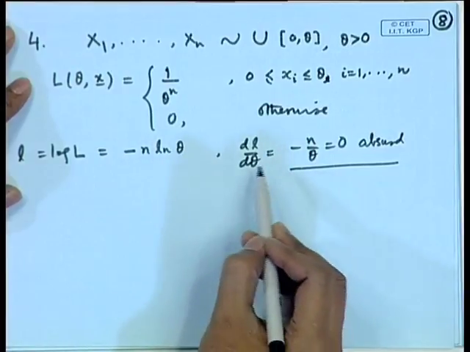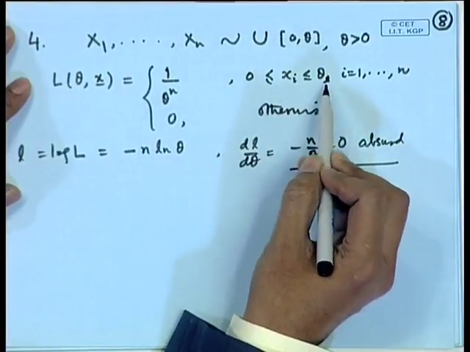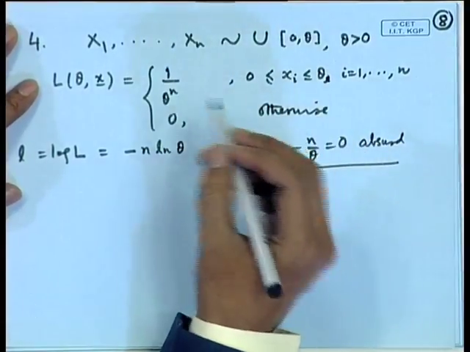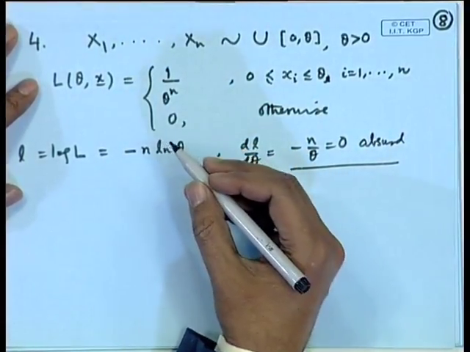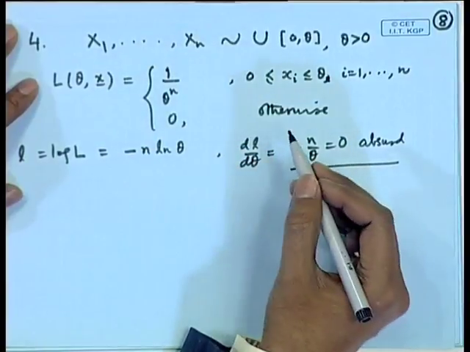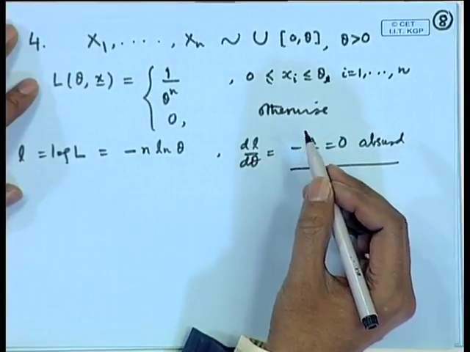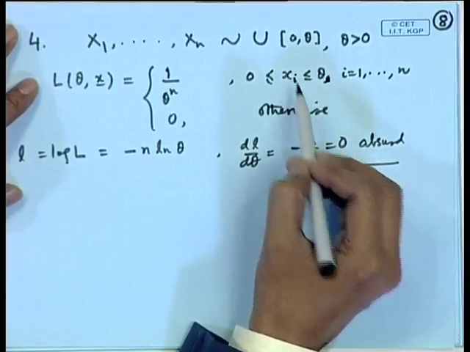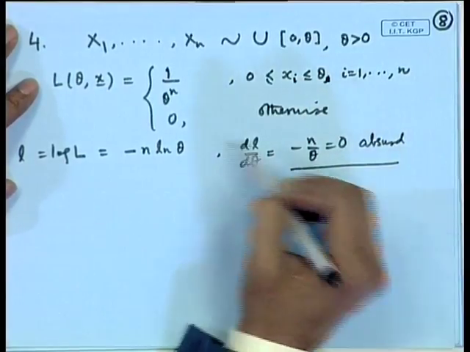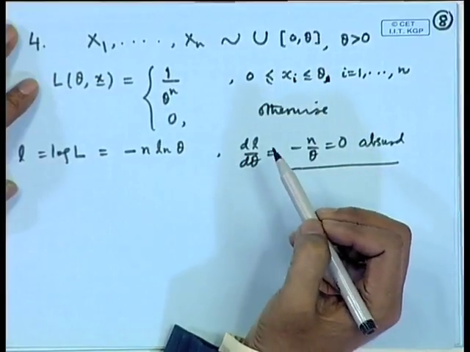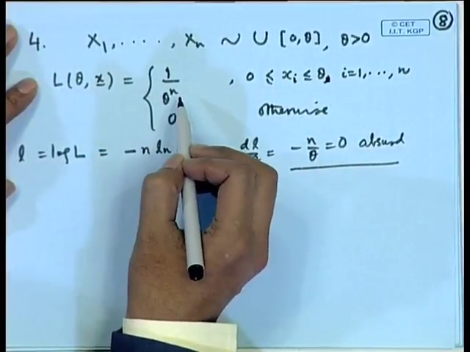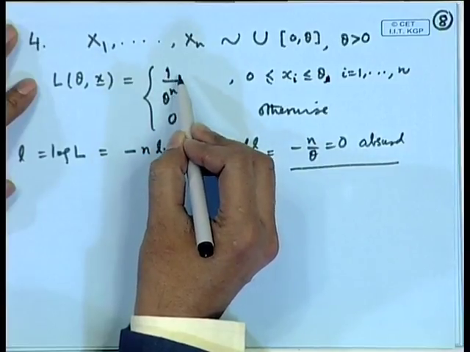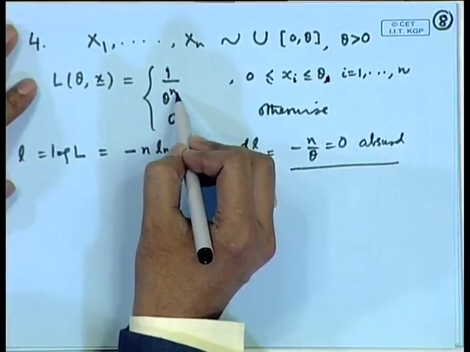This is happening because we are not taking care of the region. When we are differentiating and putting equal to 0, basically we are trying to find the minimum and maximum over a range of parameter. Here the range of the parameter value is dependent upon the x size, so that is not being taken care of by this kind of process. So let us look at a direct argument. Our aim is to maximize the likelihood function 1 by theta to the power n with respect to theta.